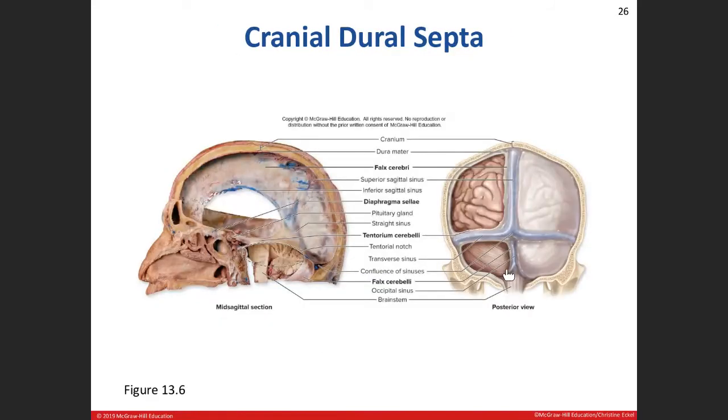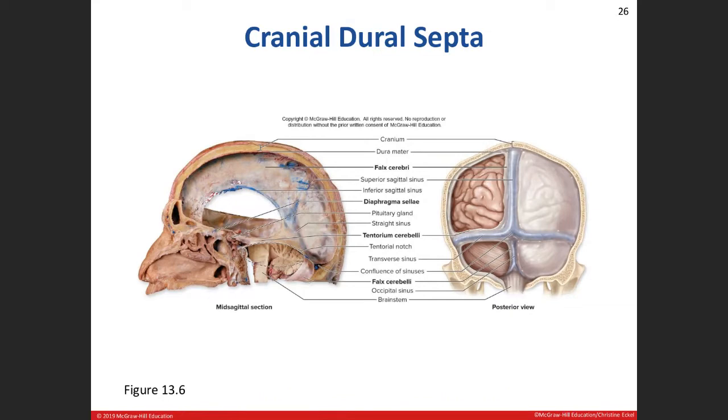Here's the occipital sinus. It's really hard to see the falx cerebelli, but it's right over here, small and tiny. It divides the right cerebellar hemisphere from the left cerebellar hemisphere.